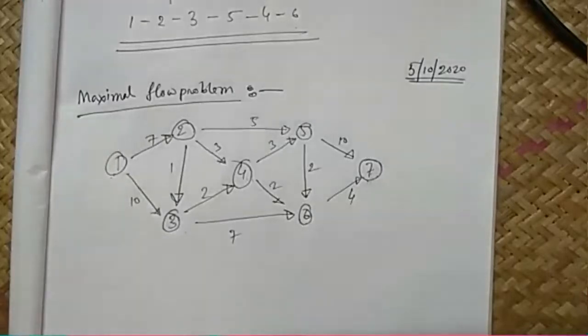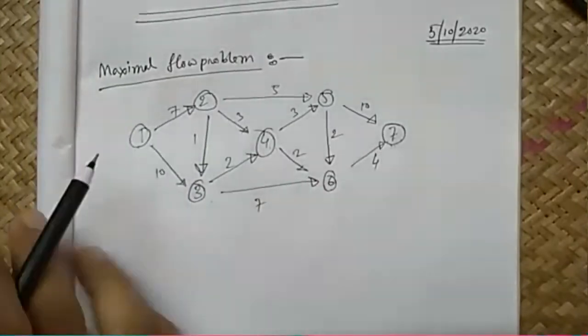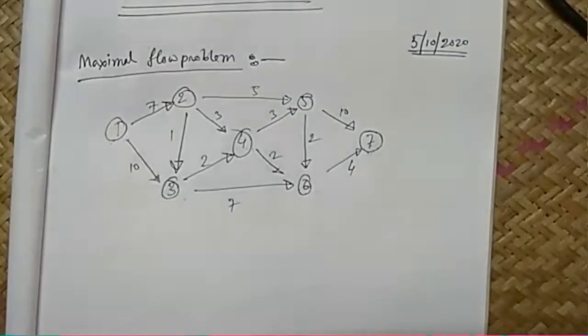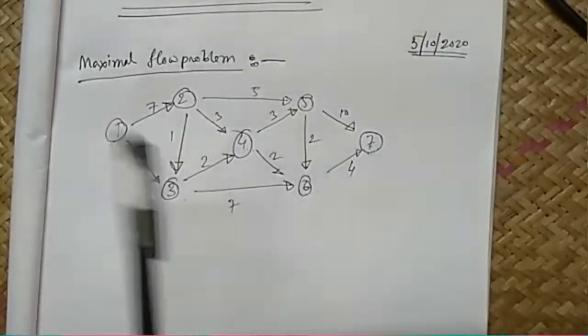This is very easy to solve, but a little complicated. Complicated means silly plus minus mistakes might happen, or you can miss a path, so you have to be very careful that you do not miss a path.